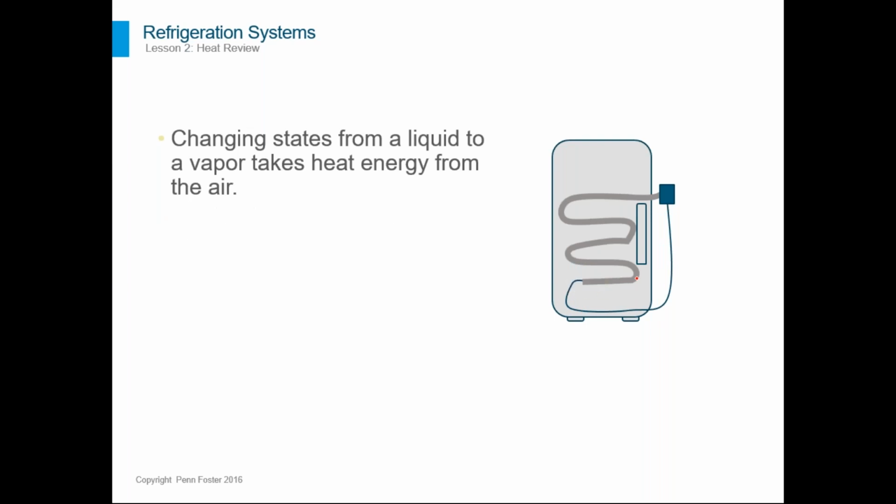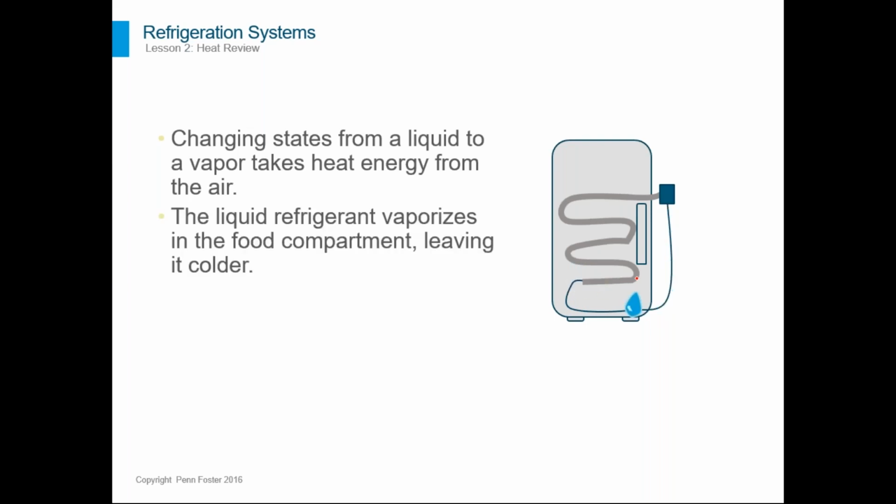So it goes into the walls of your fridge and it vaporizes. It's allowed to go from a liquid into a gas, and when it does that, it has to soak up heat energy from its surroundings. Its surroundings is the air inside of your refrigerator, so as it goes from a liquid to a gas, it sucks heat energy out of your refrigerator.